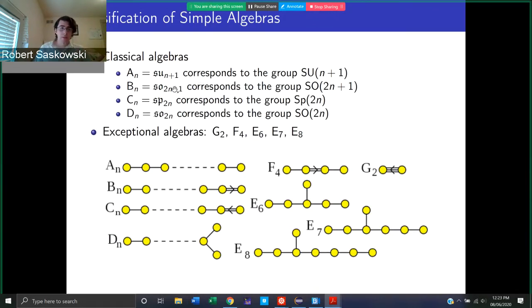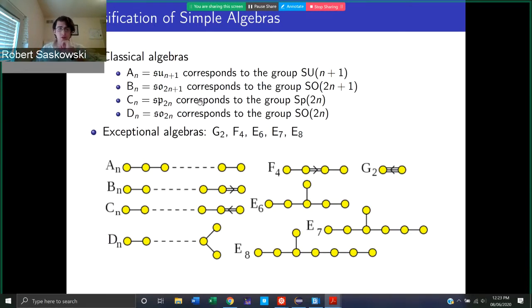Similarly, 𝔰𝔬(2n+1) and 𝔰𝔬(2n) are B_n and D_n. It turns out that their structure is actually quite different, even though they both correspond to the rotation group. Of course, SO(n) is the rotation group, and this Lie algebra consists of, in this case, for 𝔰𝔬(2n+1), (2n+1) by (2n+1) traceless antisymmetric matrices, and for 𝔰𝔬(2n), 2n by 2n.